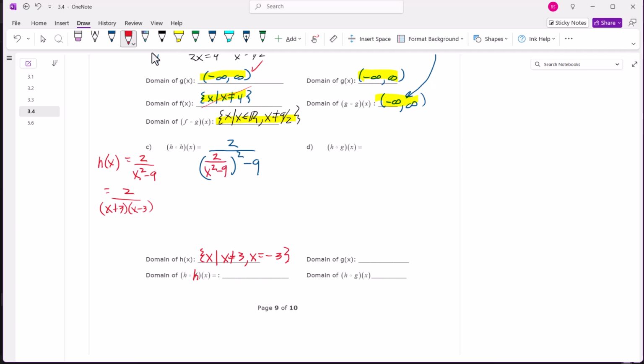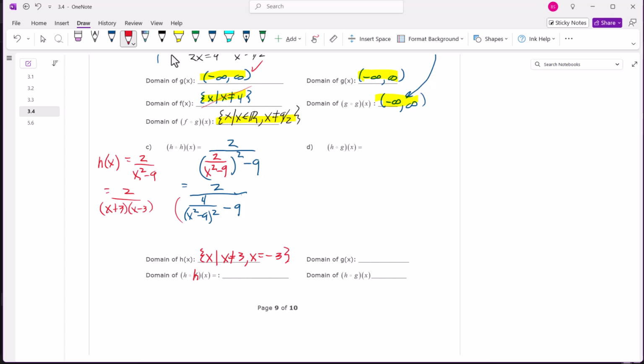So that would be your function composition right there, and we need to go through and algebraically simplify this. So we'd have 2 over, and when we work this out, we're going to have 2 to the second, 4. Then we'll have x squared minus 9 to the second power minus 9. And this gives you what's called a complex fraction.